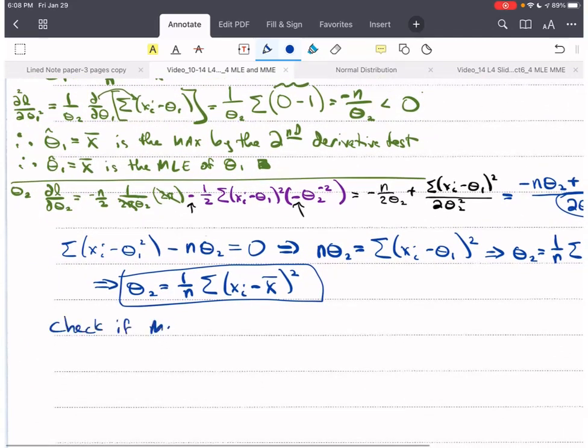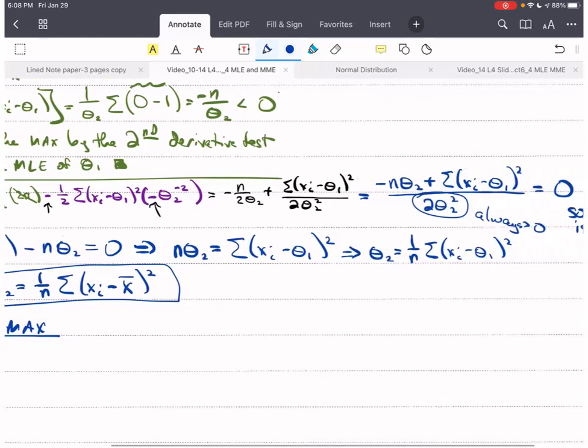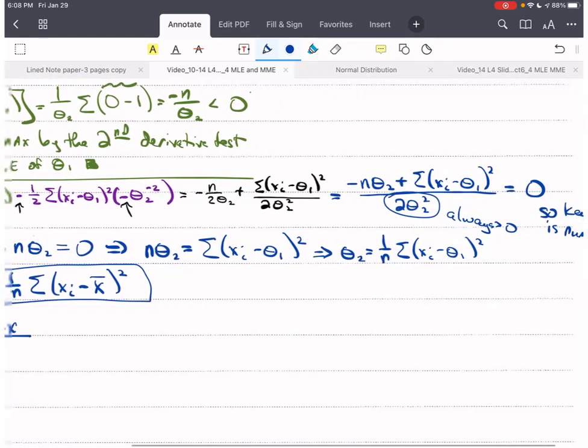Now I need to check if it's a max. So I'm going to take d squared L d theta 2 squared. So I need to find a good expression for that.